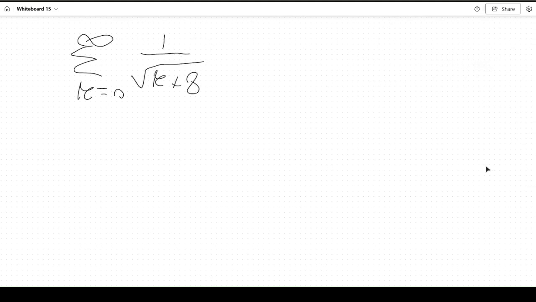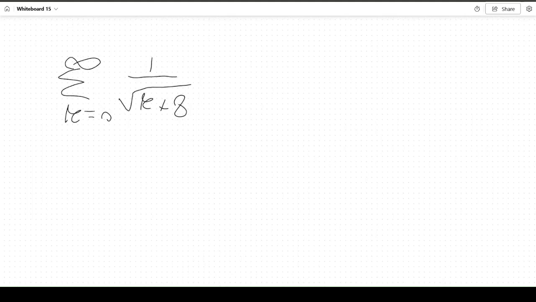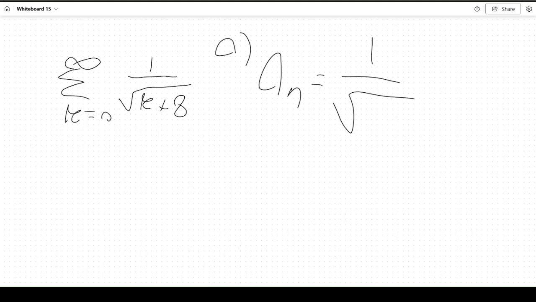So let's take a look at this problem. This problem, you have the basic series that you have to do. Let's start off by rewriting this. We have to rewrite it to make it equal to a_n. So the problem will be equal to a_n.